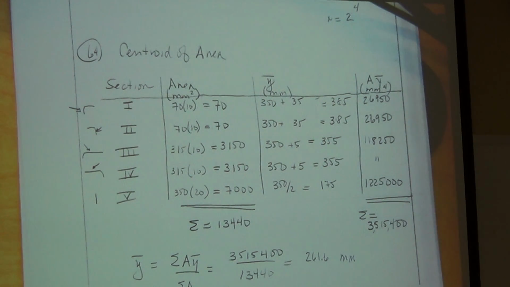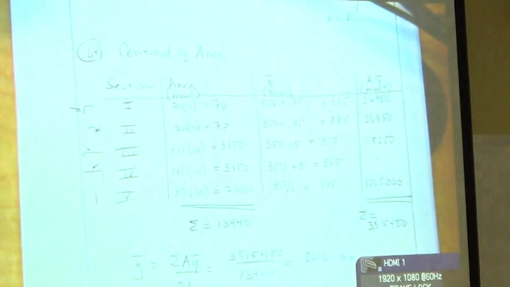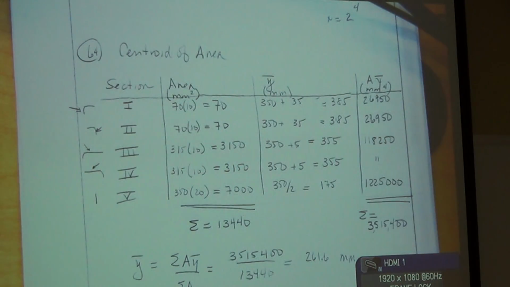What does the second column always represent? The first represents the object. The second column represents the critical component. In this case, we're doing centroid of area, so the second column represents the area.